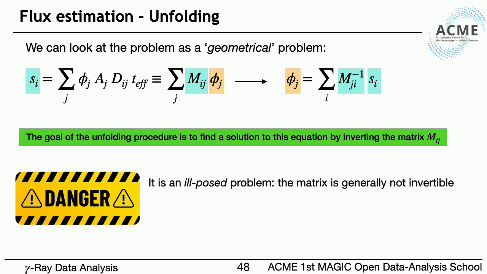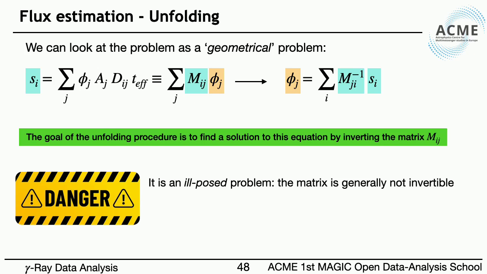The most fundamental one is that the matrix is singular, so it cannot be inverted. Another reason that makes its inversion difficult is that the matrix M is estimated from Monte Carlo simulation with limited events. This introduces noise into the elements of this matrix, which makes the inversion unstable.